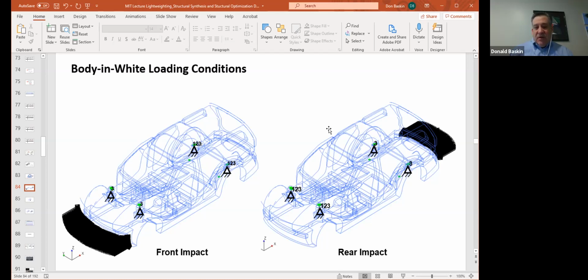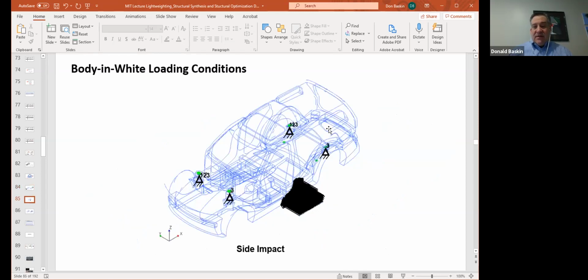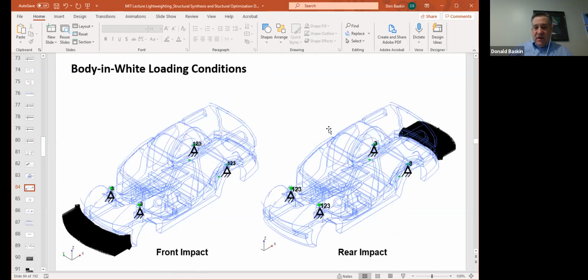These are often simulated in CAE or FEA, finite element analysis, before real cars are made, and car companies have different strategies to best simulate a front, rear or side impact in finite element land virtually.